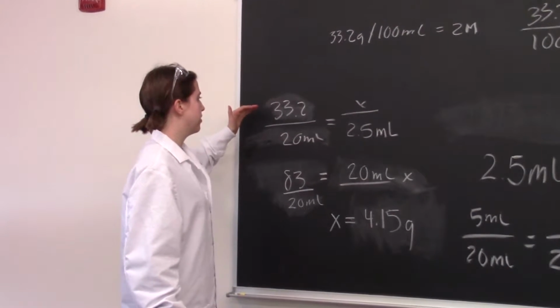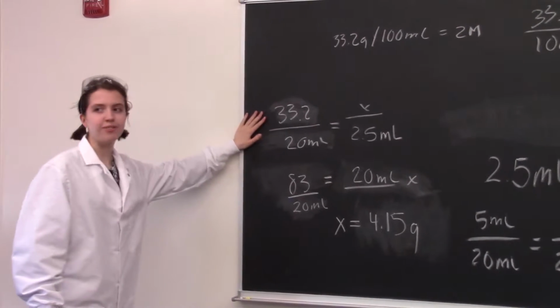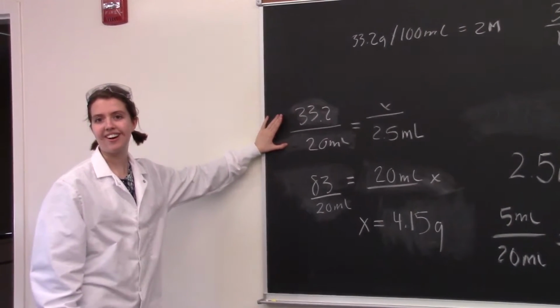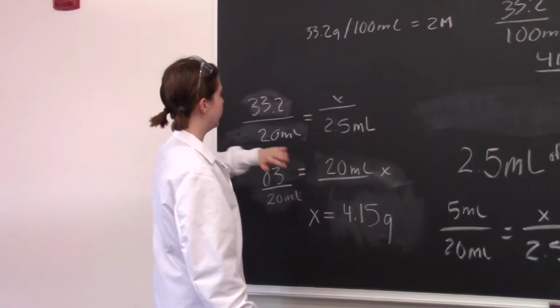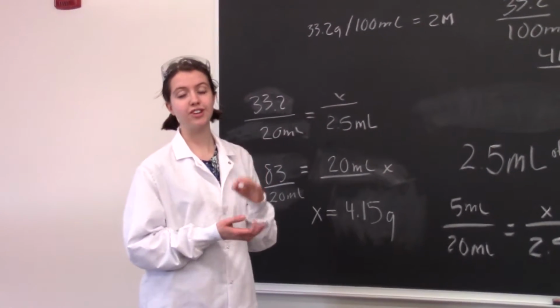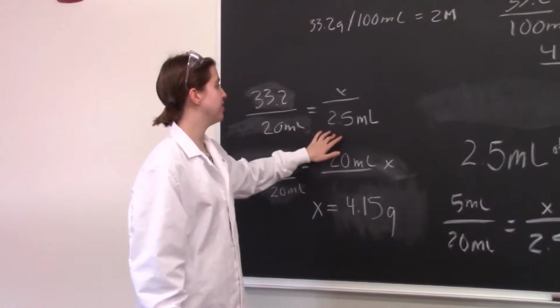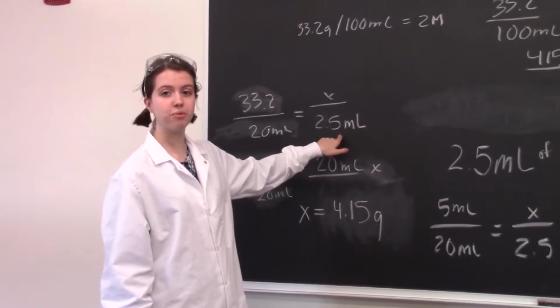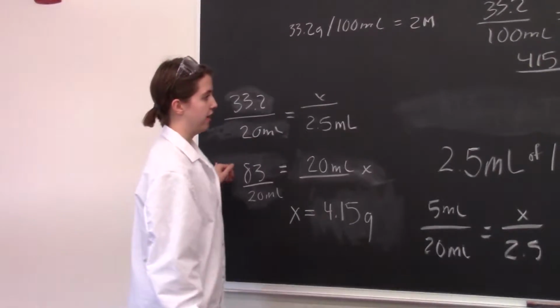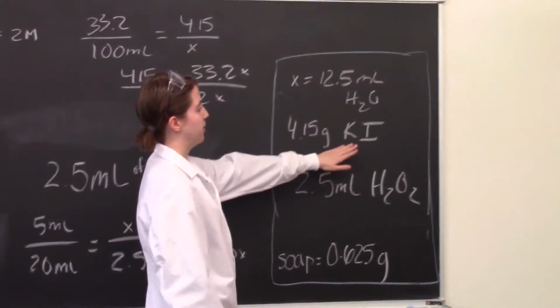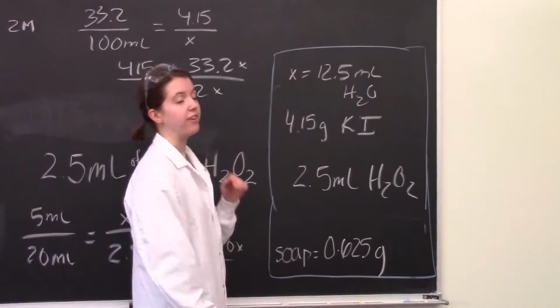They also suggested using 33.2 grams of potassium iodide. Since we're only starting with this very small reaction, we're only going to be using 2.5 mL of hydrogen peroxide. So doing a ratio, we solve for X, and the amount of potassium iodide that we'll have to use is 4.15 grams.